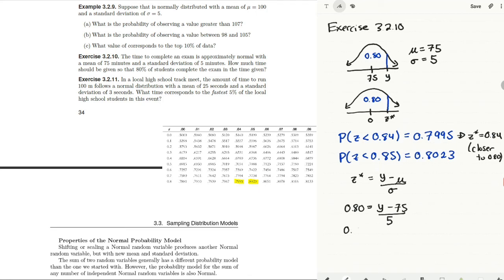So rearranging and solving for y, we have 0.84 times 5 is equal to y minus 75. So y is 0.84 times 5 plus 75. And this gives us a time of 79.2 minutes.